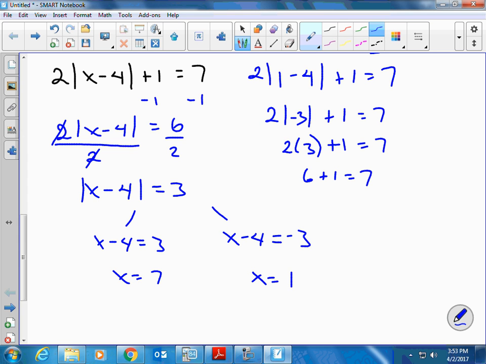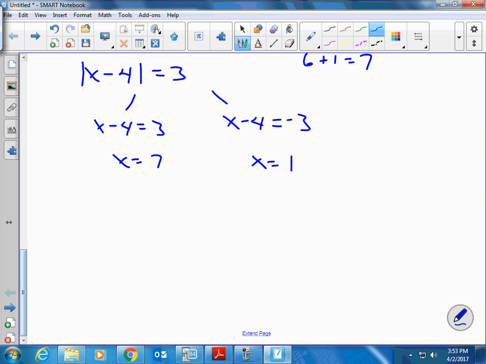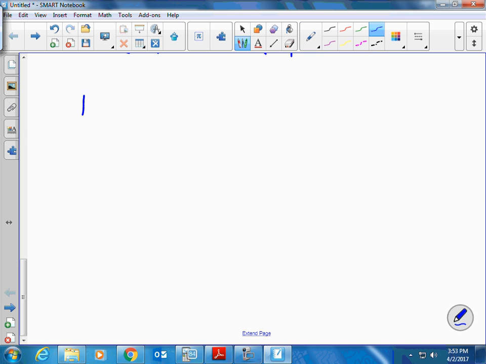Okay? All right, I said I was going to do one like what you could see if it was not going to be two answers. I have a 0 on the right side. So let's split that into two pieces, right? That's what we said. We take whatever's inside the absolute value and set it equal to the positive of the number and set it equal to the negative of the number.